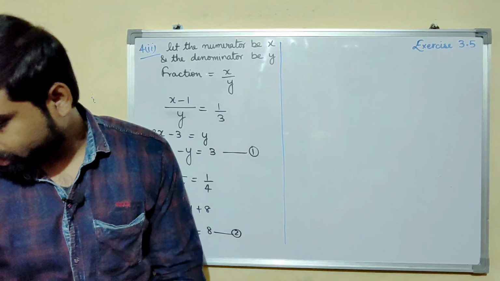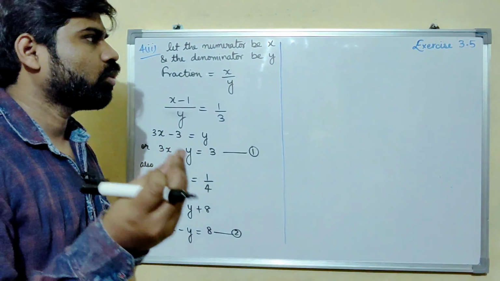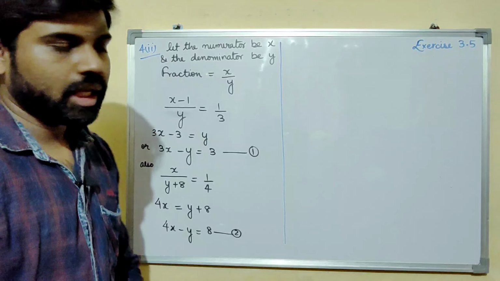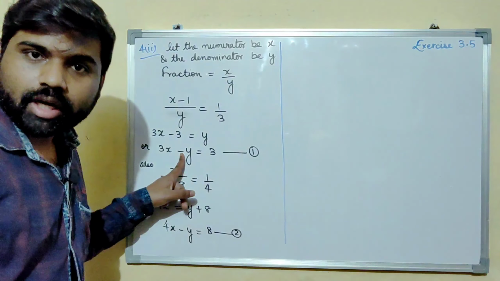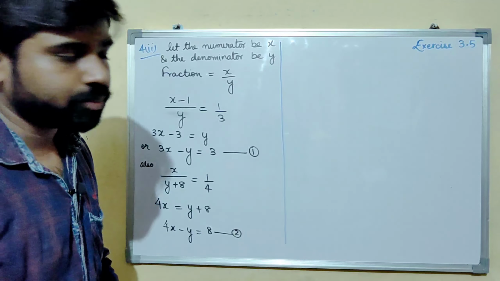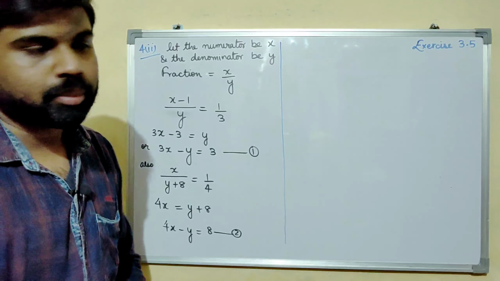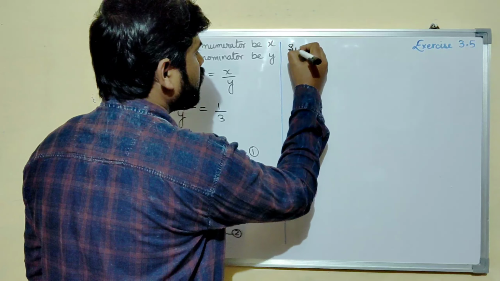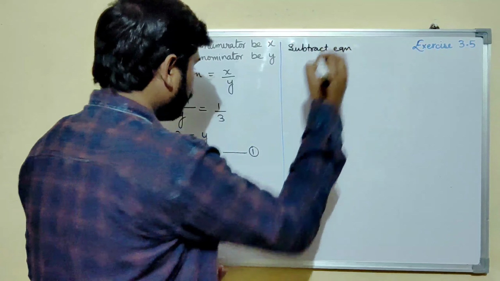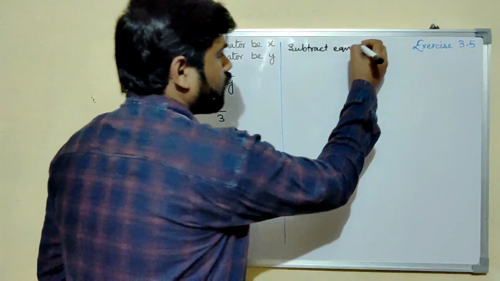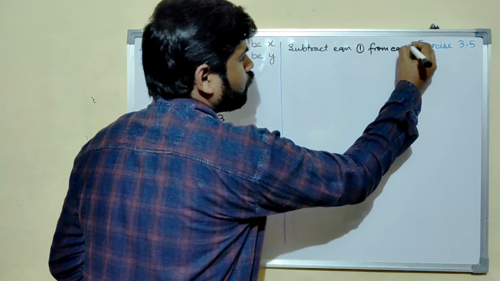Now you can clearly see that we can apply the elimination method, right? Since the coefficient of y is the same in both the equations and the signs are same, that means we have to subtract. So let us subtract equation 1 from equation 2.